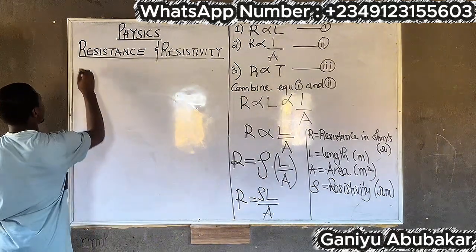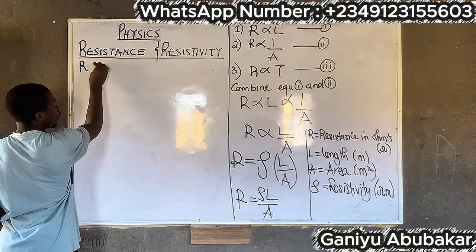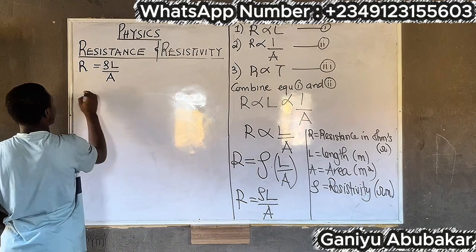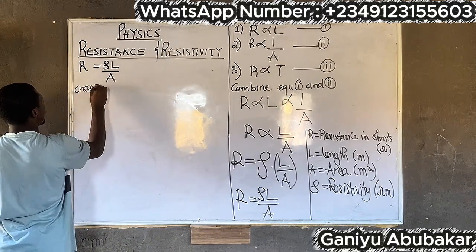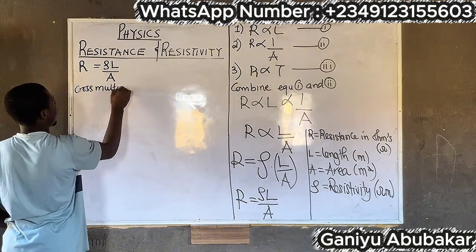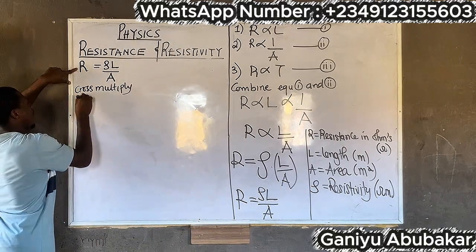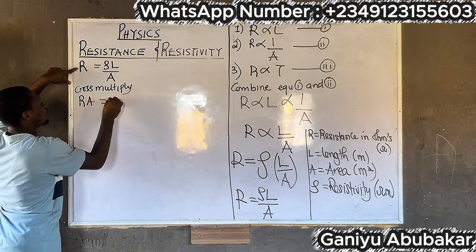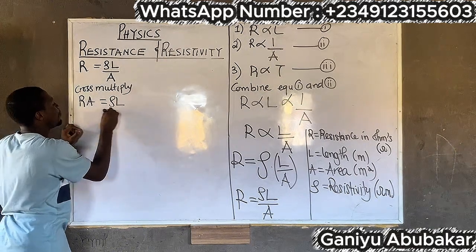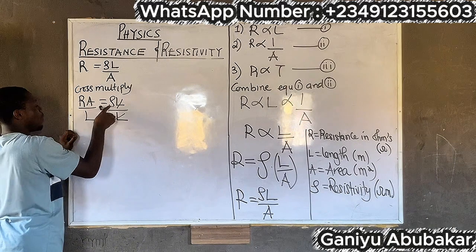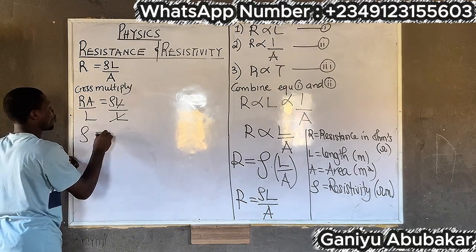So we have that R is equal to what there? Rho L over A. We cross multiply. That gives you RA equals rho L. Divide both sides by L. L cancels L. I'll have the resistivity equal to what there?